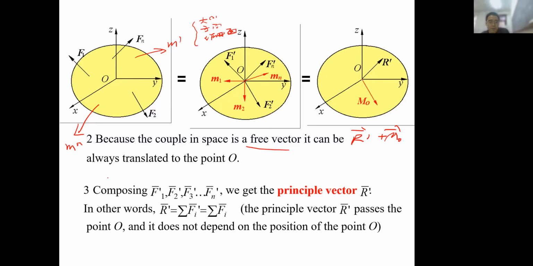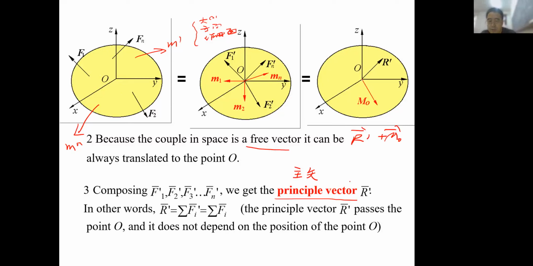So let's continue. Composing F1 prime, F2 prime, M3 prime, and until Mn prime, we get the principal vector R prime. In Chinese, we call that 主矢. 主 means 主要的, mainly, right? 矢 means vector, because in Chinese vector is 矢量.